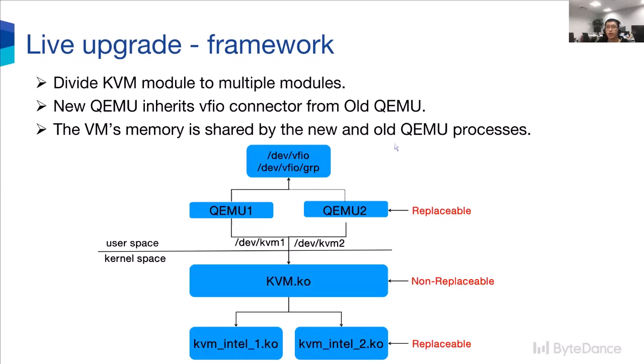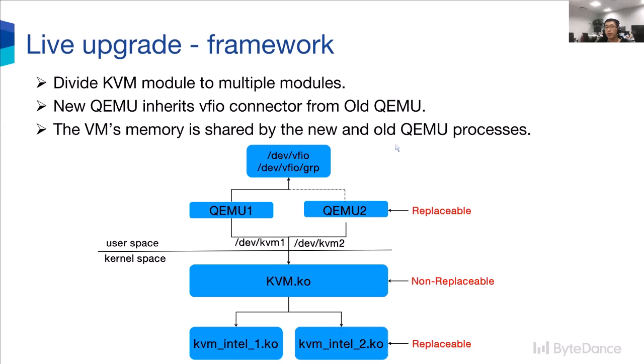This is the framework for live upgrade. In order to live upgrade KVM, we modify the KVM module to allow multiple modules, named KVM1 module, KVM2 module, and so on. The specific implementation is that we move most of the KVM module functions into the KVM inner module.